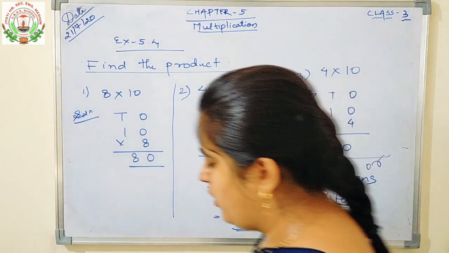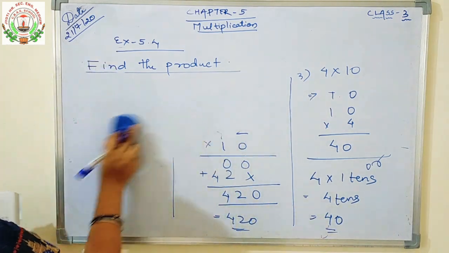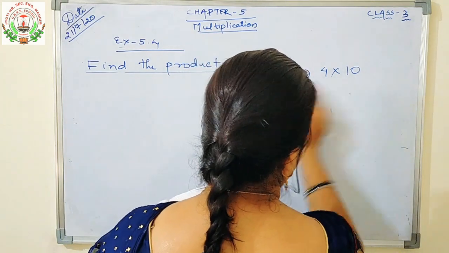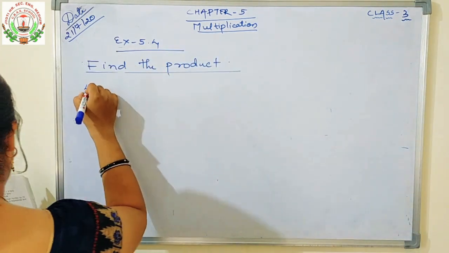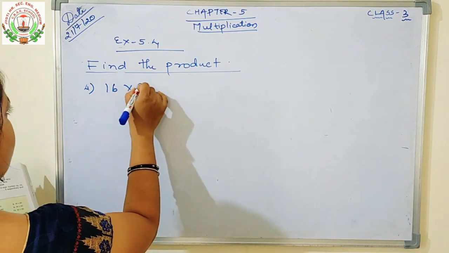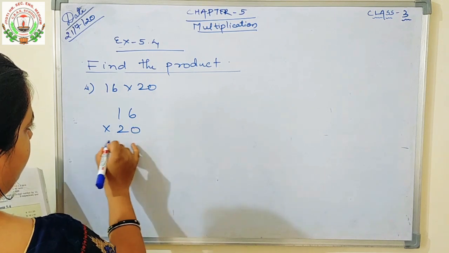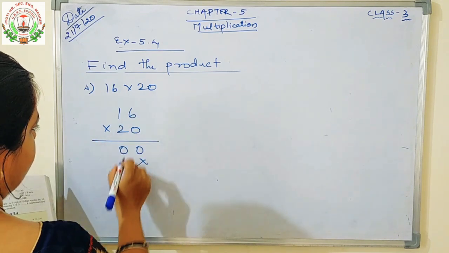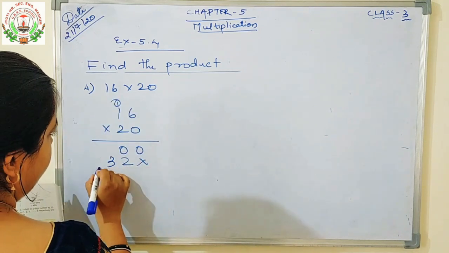Okay. Now next is number 4, 16 into 20. 0 6s are 0, 0 1s are 0, 2 6s are 12, 2 carry 1, 2 1s are 2 plus 1 is 3.